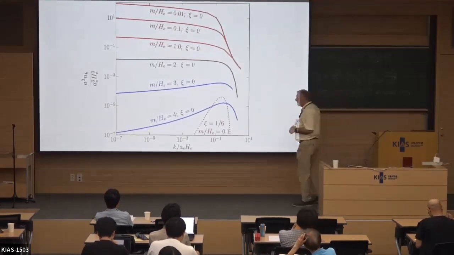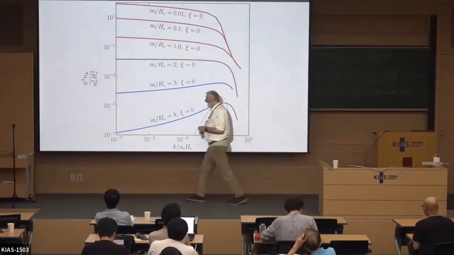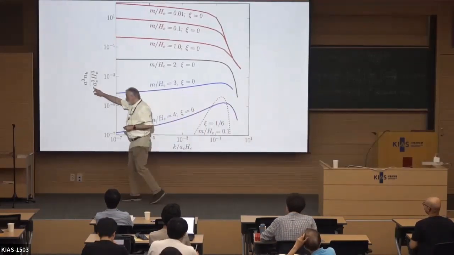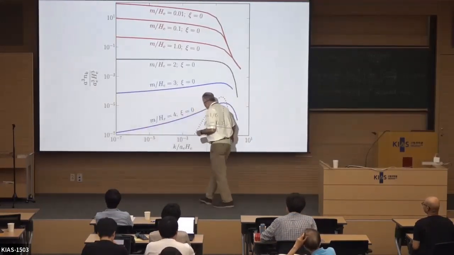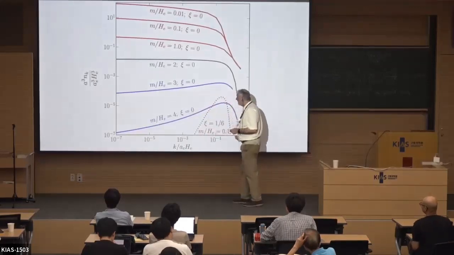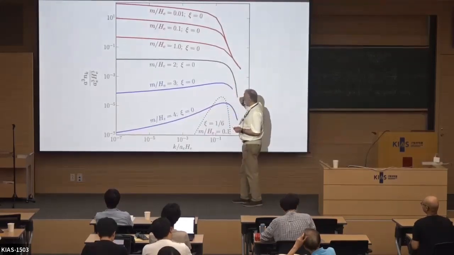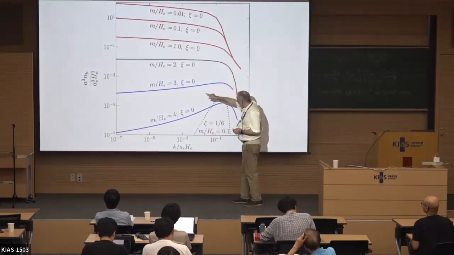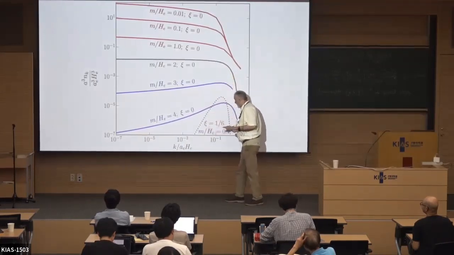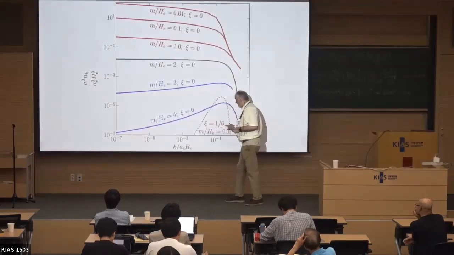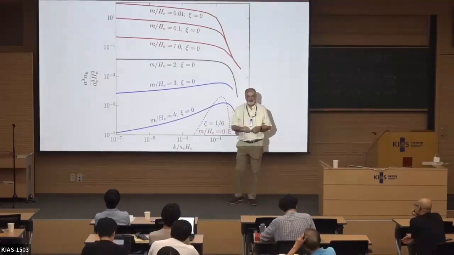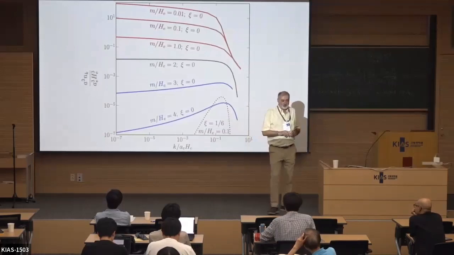So this is the numerical result for A cubed N as a function of the mass, as a function of K for minimally coupled scalars, shown here for xi equal to 0, compared to the conformally coupled scalars. You see, it looks much different.